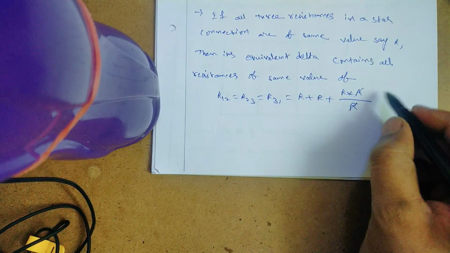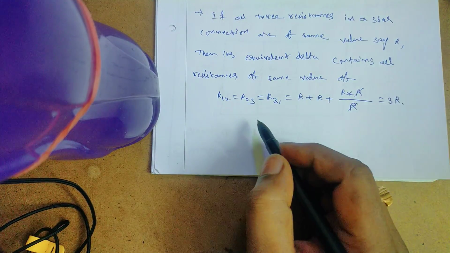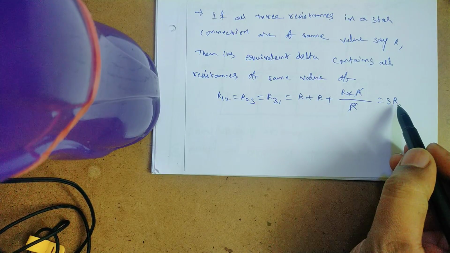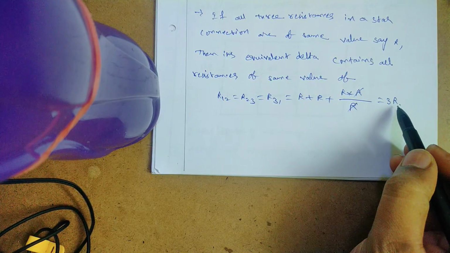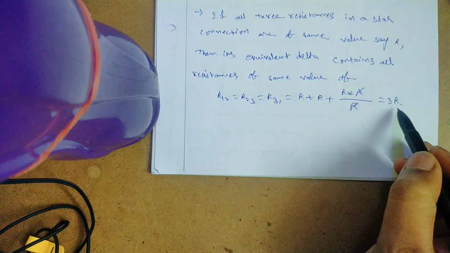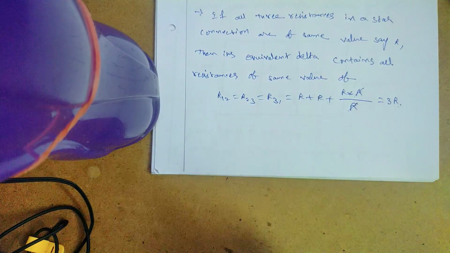R plus R we get 2R. In the sense all star branches are equal to R, the delta branches, which are all equal, are 3 times the star branch, that is 3 into R.